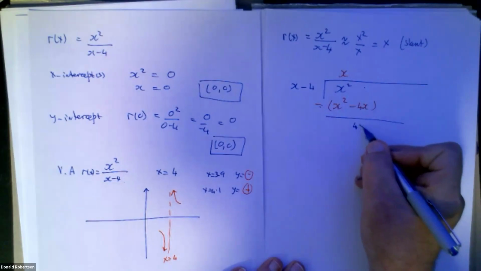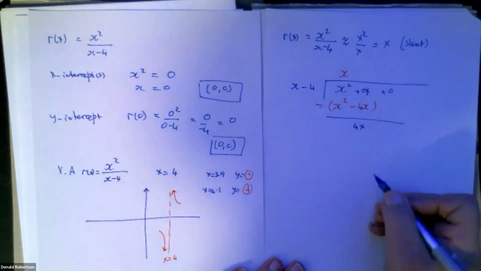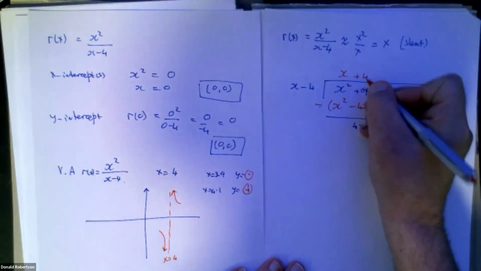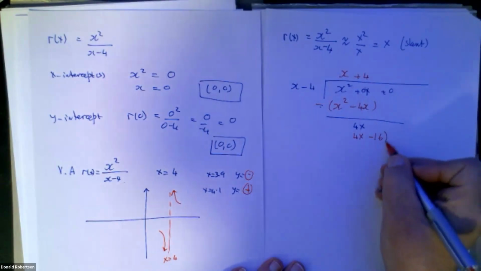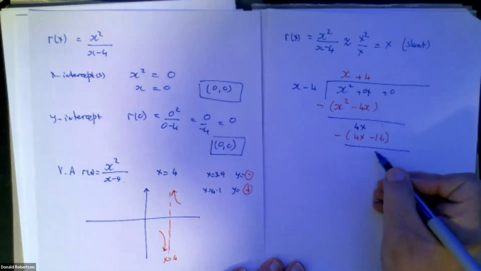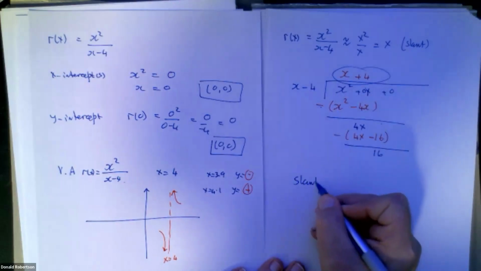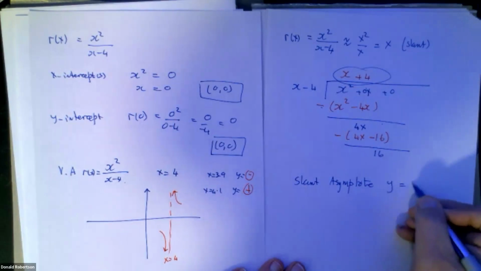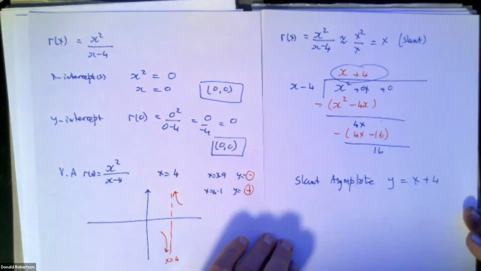Nothing take away a negative gets me 4x. x goes into 4x, so multiply it by 4 to get 4x take away 16. Then you subtract. That kills that. Nothing take away a negative gets you 16. That is my slant asymptote. It is x plus 4. Don't really need to worry about the remainder. It doesn't tell me anything very useful.